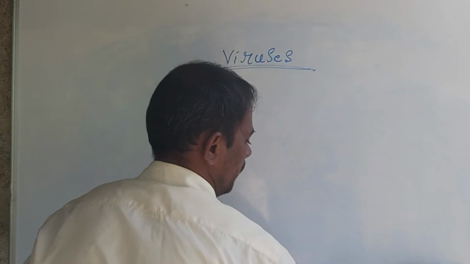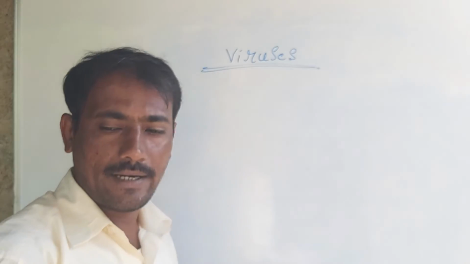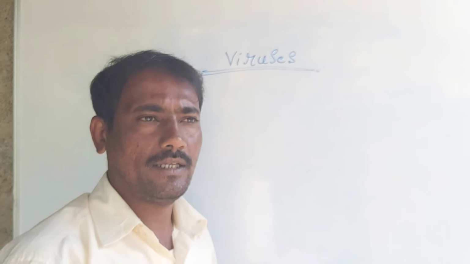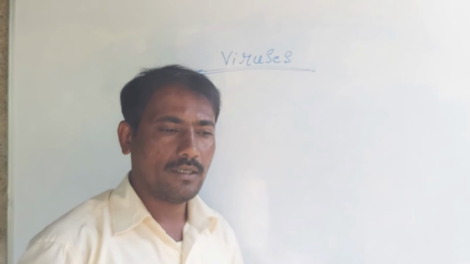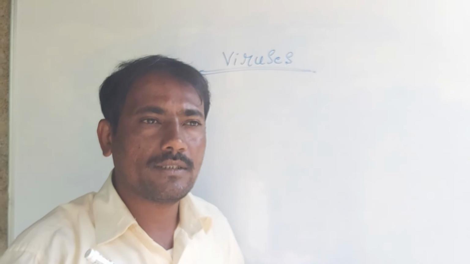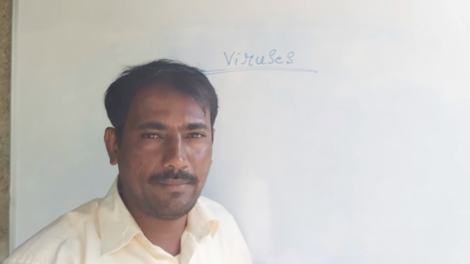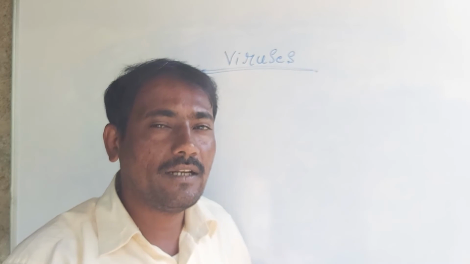Tadpole shape means what? They exhibit a head and tail. There are also bacteriophages that appear in icosahedral symmetry, that is, a tail-less symmetry.